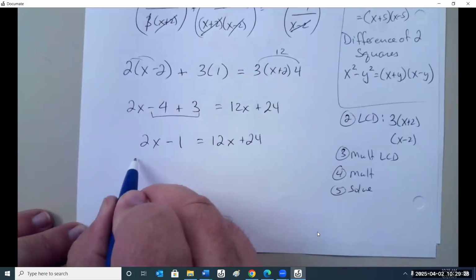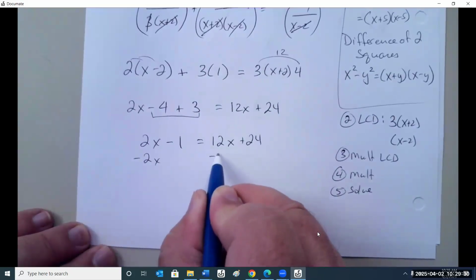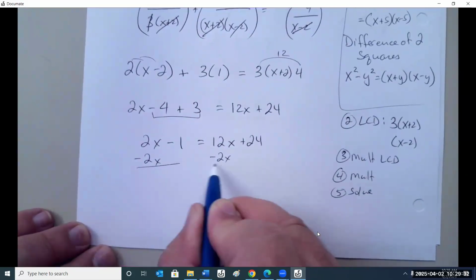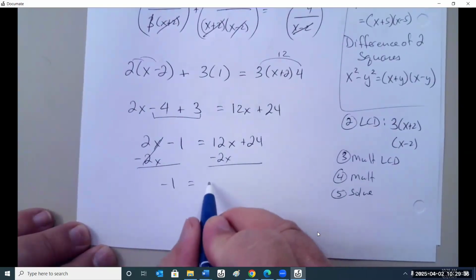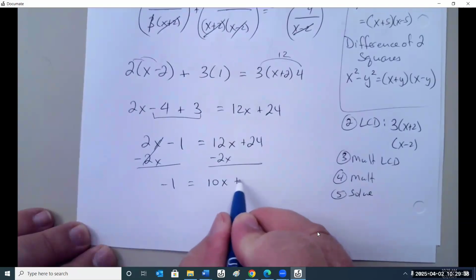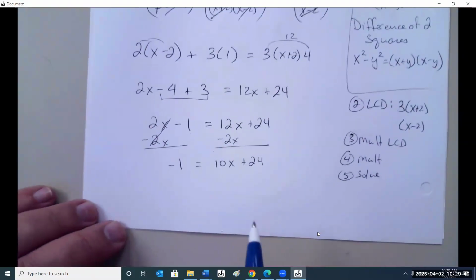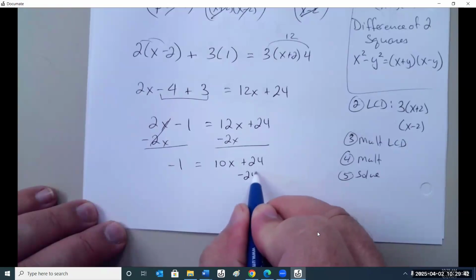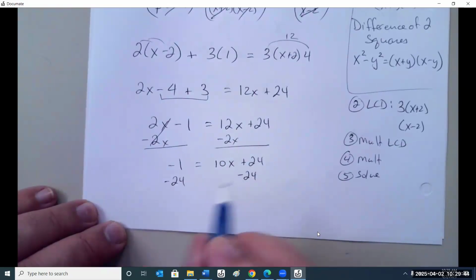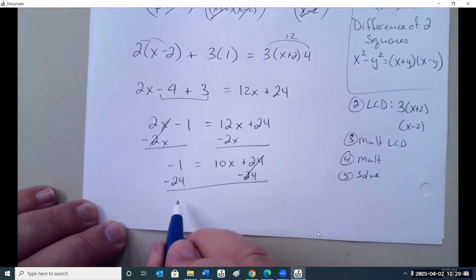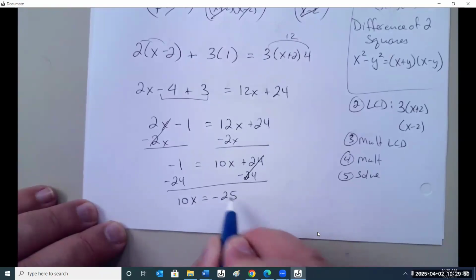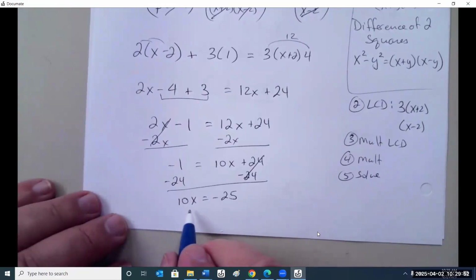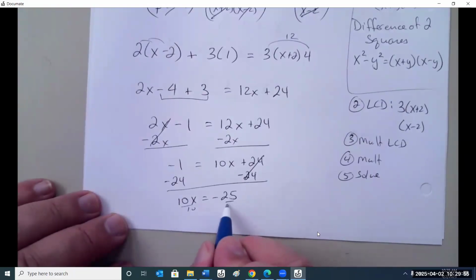Move the smaller to the larger, so I subtract 2x. Negative 1 equals 10x plus 24. Minus 24. So 10x equals negative 25. And divide by 10.